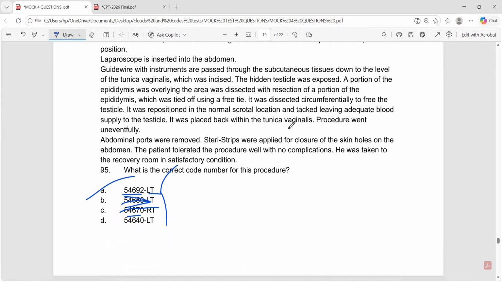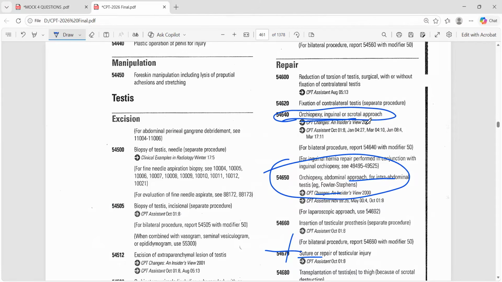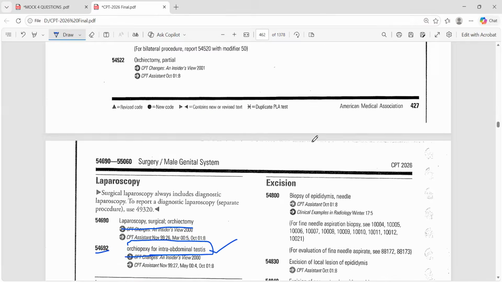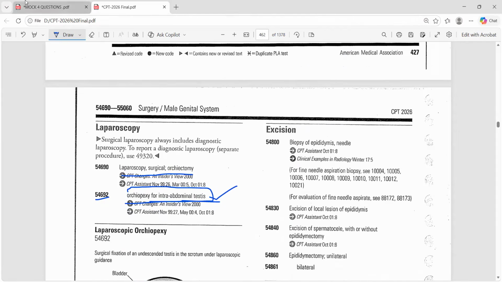Only one code covers the abdominal approach. Here it is not an inguinal approach, it is an abdominal approach.